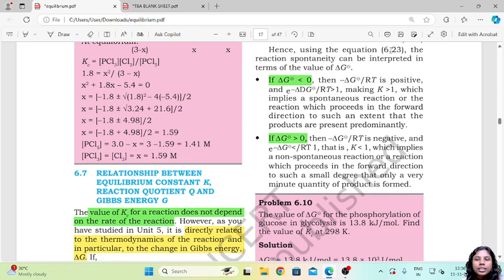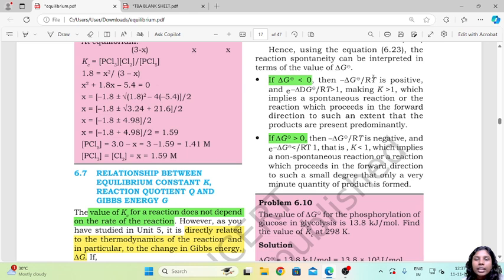So, using this equation, the reaction spontaneity can be interpreted, and it can be given in terms of the value of delta G naught. Now, if the value of delta G naught, that is the standard Gibbs energy, is greater than 0, then minus delta G naught upon RT is going to be negative, and e raised to minus delta G naught upon RT will be less than 1, making K less than 1.